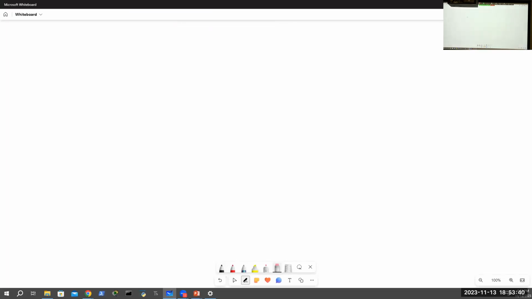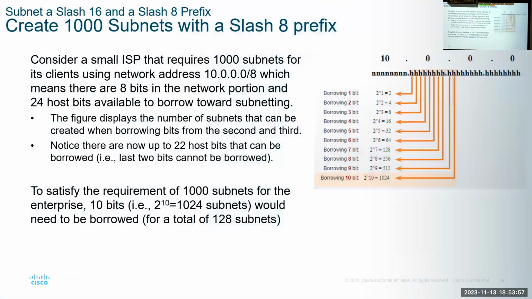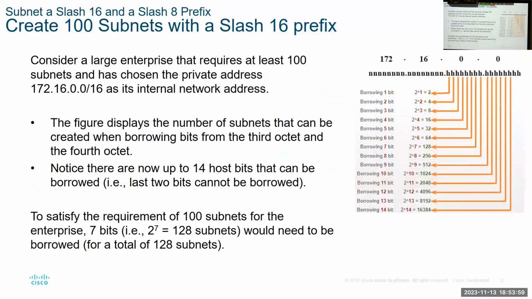All right, so we have, did they give us an actual address? No, it just said. Oh, wait a second, I'm on the wrong screen here. There we go, 172.16, okay.